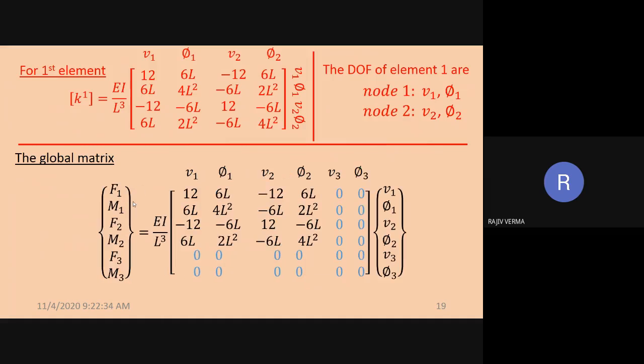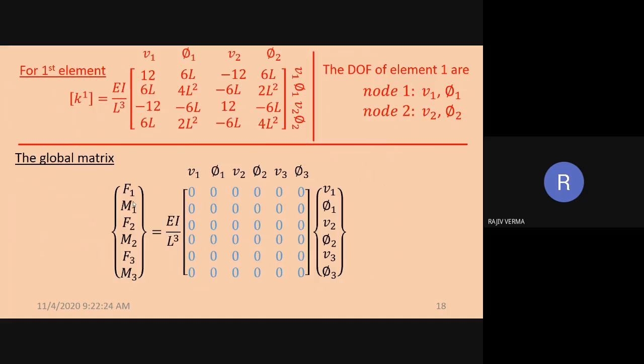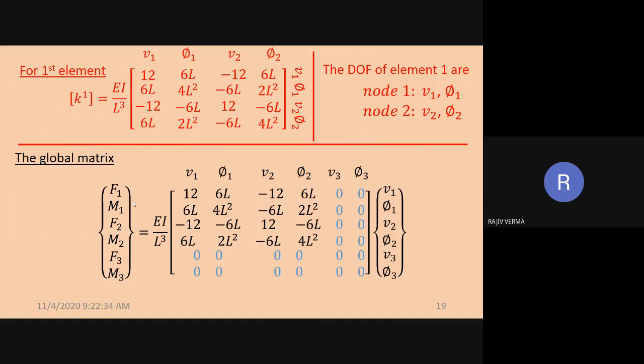Now, starting with the first element, this is what you get when you transfer the stiffness matrix of the first element from the local to the global matrix.